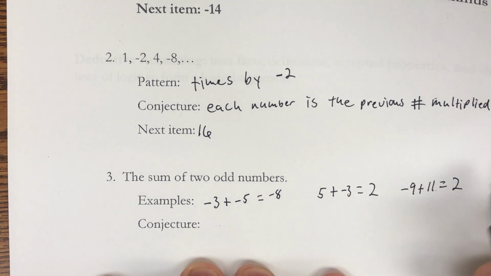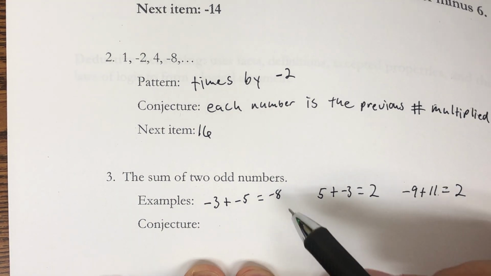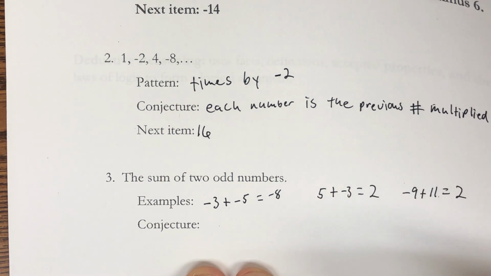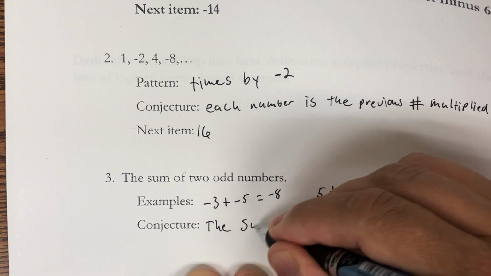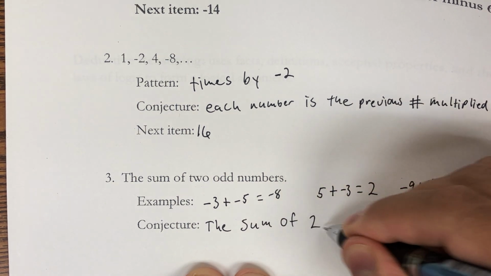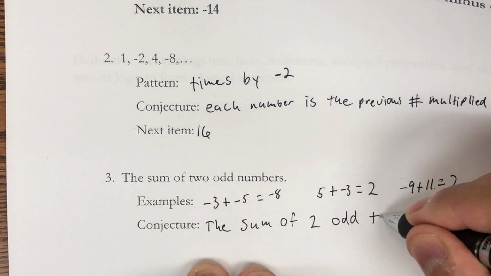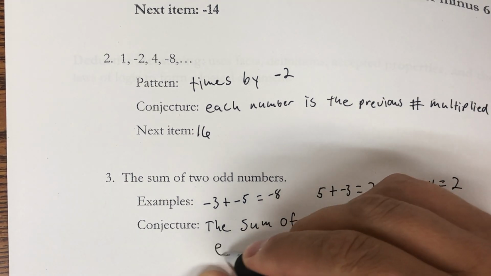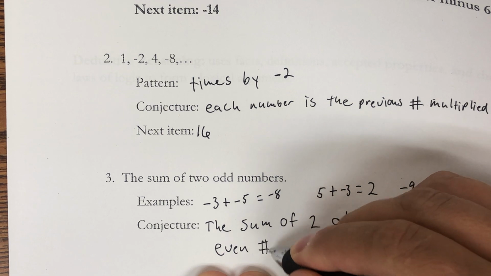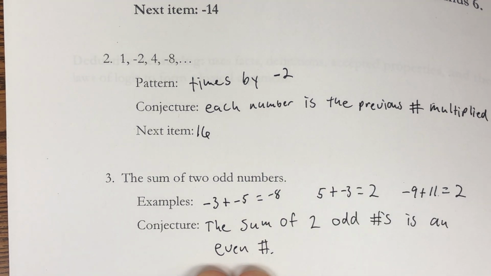So the pattern I'm seeing is when I add two odd numbers, I am getting an even number. So my conjecture will be the sum of two odd numbers is an even number. And I just use a number sign to speed up the process there a little bit.